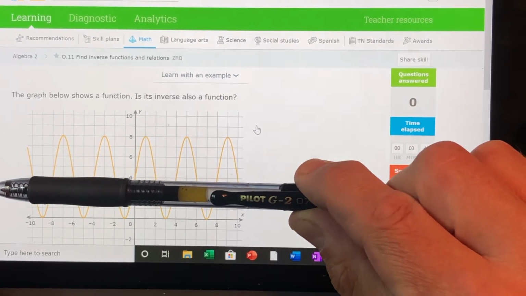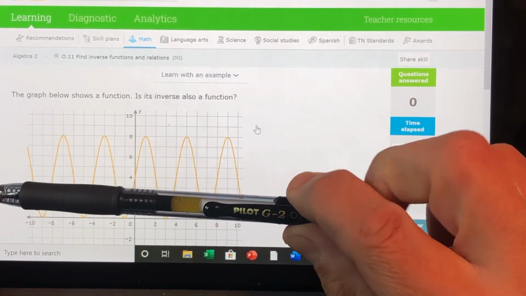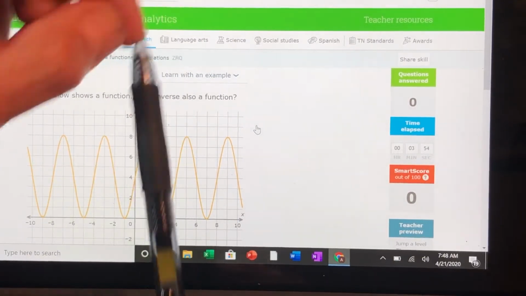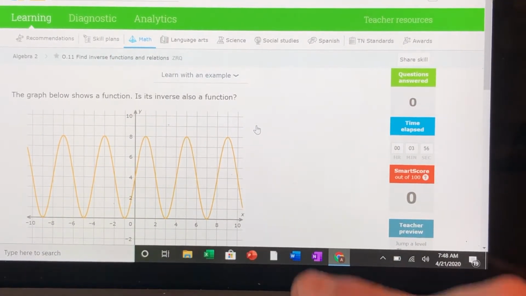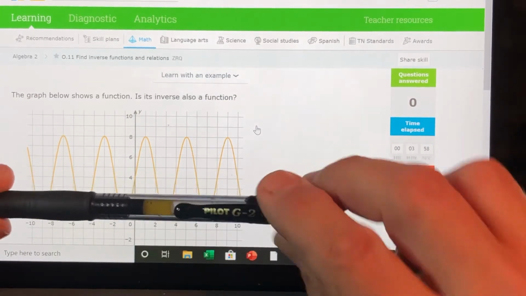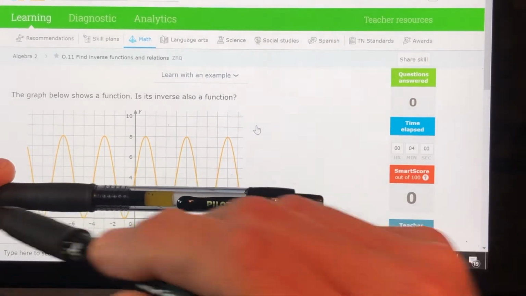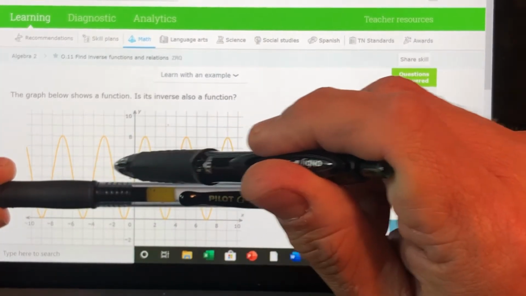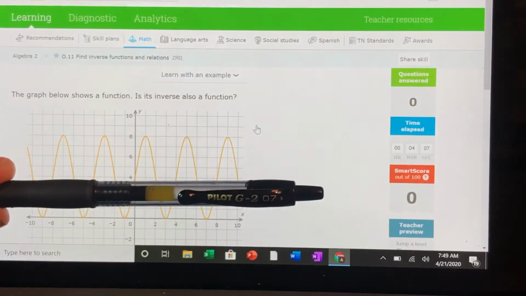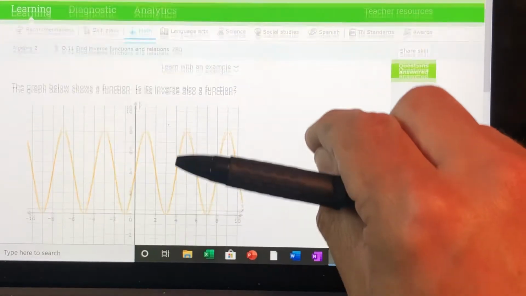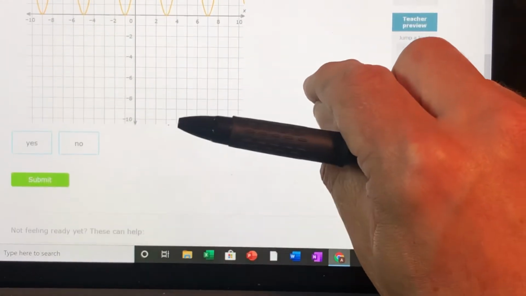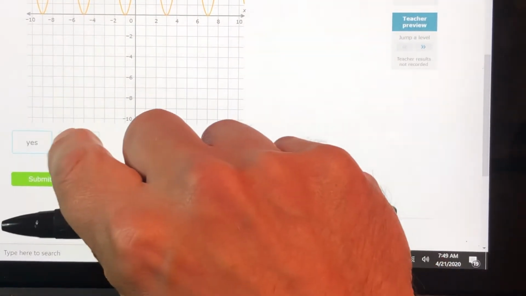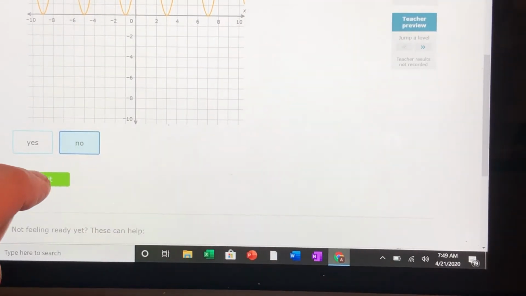So to figure out if an equation is a function, you use the vertical line test. To see if its inverse is a function, you use the horizontal line test. You can see that this horizontal line that I'm holding, this pen here, touches there and there and there all over the place. So this one definitely fails the horizontal line test. So I'm going to say no is the answer, and I'm going to click submit.